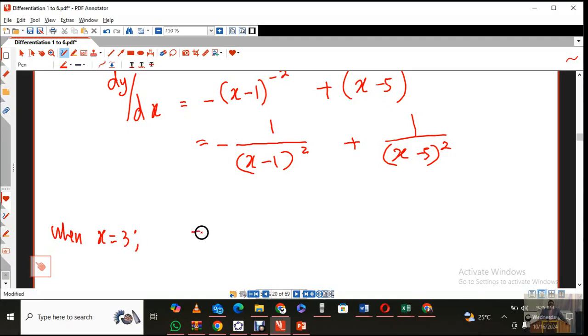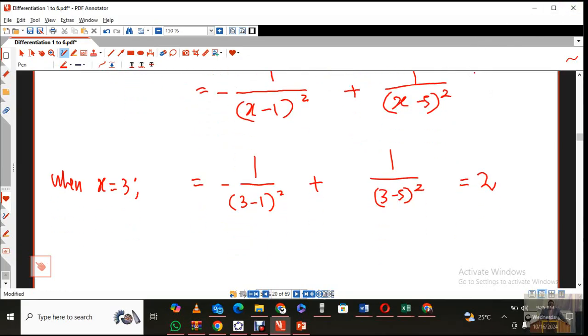That is going to be negative 1 over (3 - 1) all squared plus 1 over (3 - 5) all squared. So once you do that, this is going to give you a gradient of 2. This is the gradient of the tangent, because that is what this is.